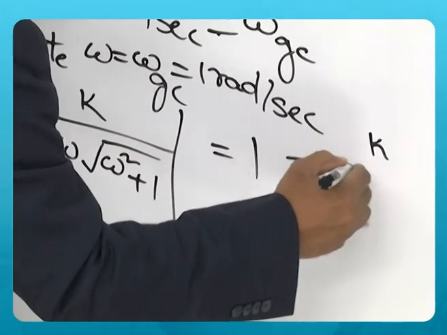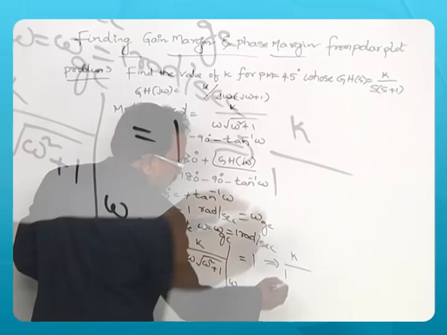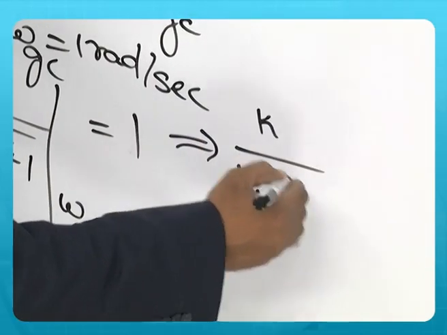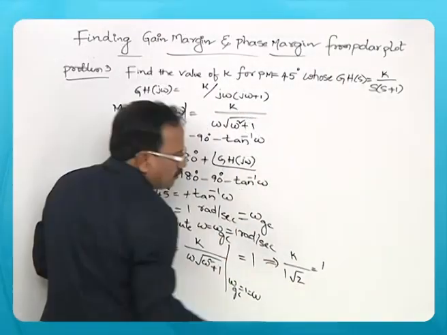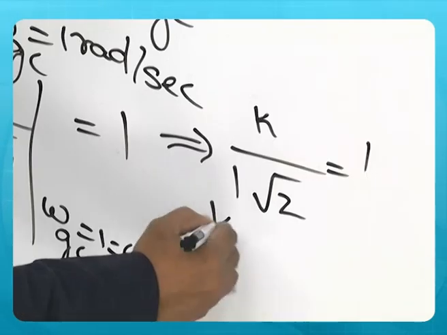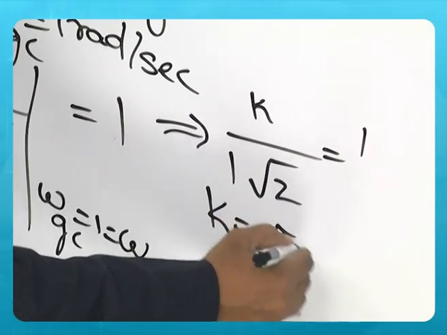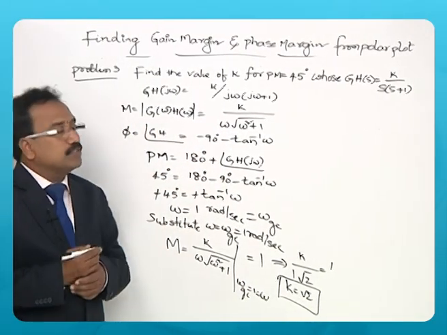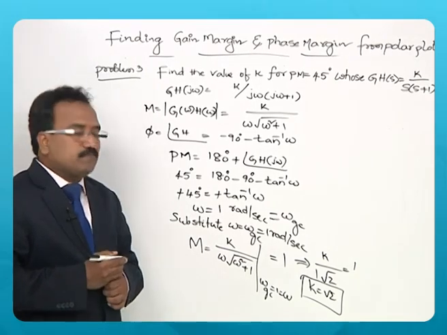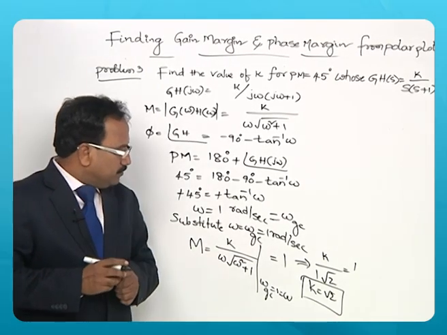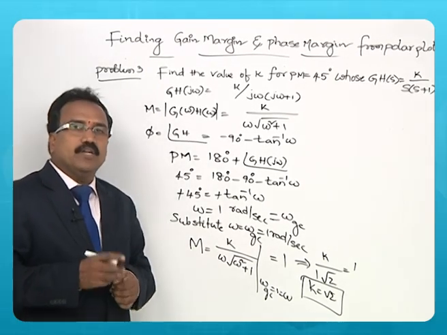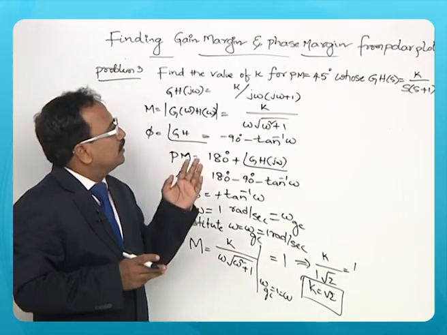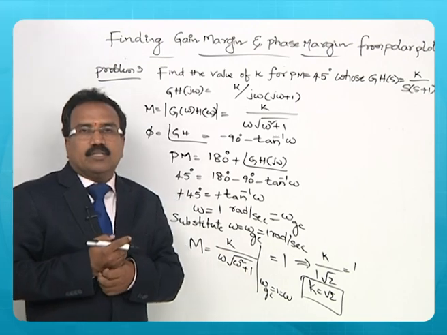K by omega is K, and root of omega square plus 1 is root 2, and this is equal to 1. So the value of K is root 2 for a specific phase margin of 45 degrees. This is the way the problem may appear, to find the value of K for a specific phase margin of some phase angle.